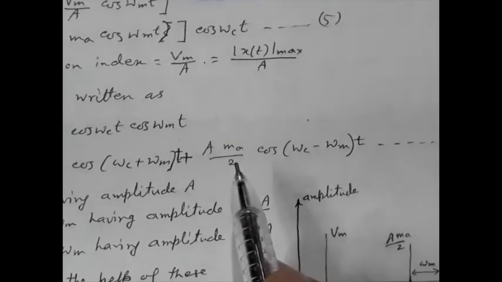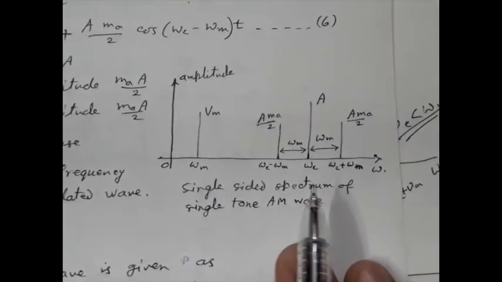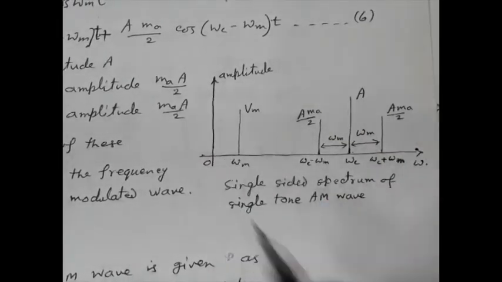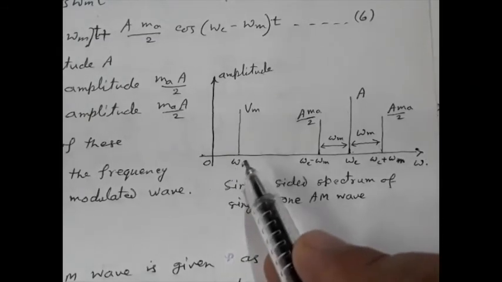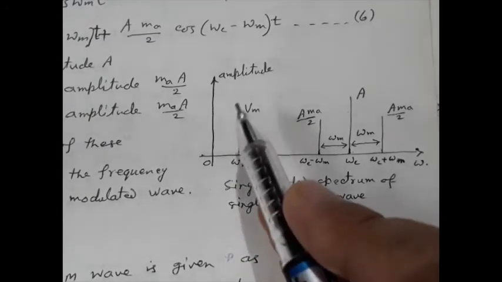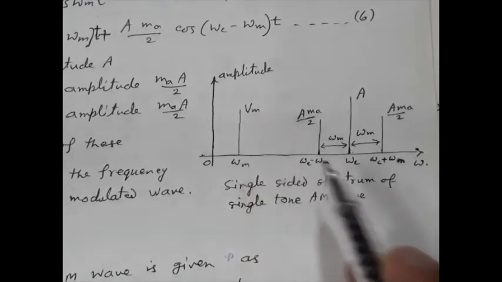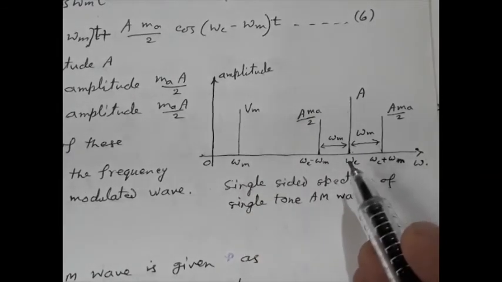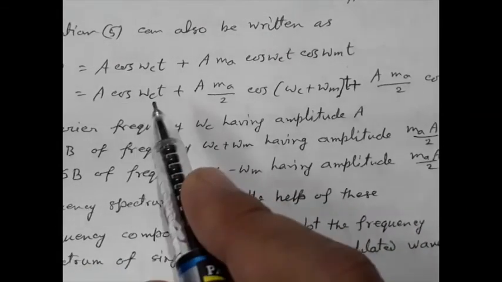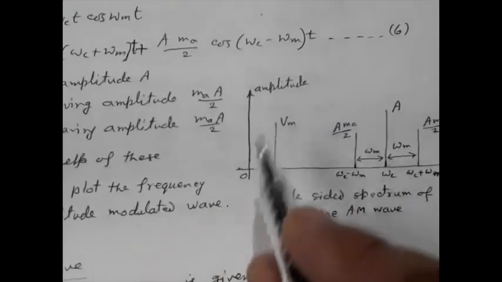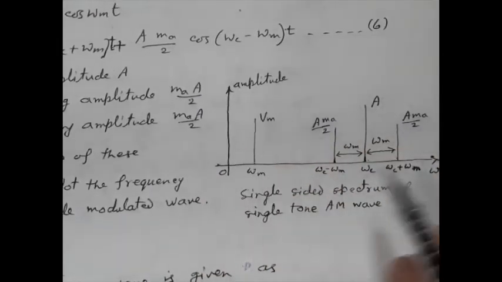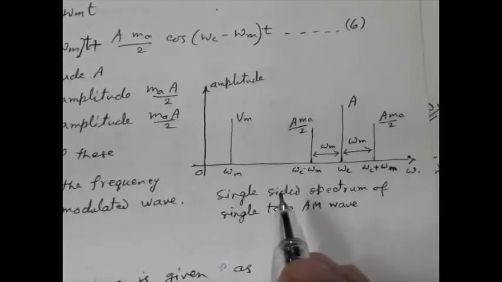So if we plot these things in frequency domain, what should we get? This was the original message signal with the frequency of omega m and Vm. Here the first term, A cos omega ct, we are drawing only in the positive frequency part.